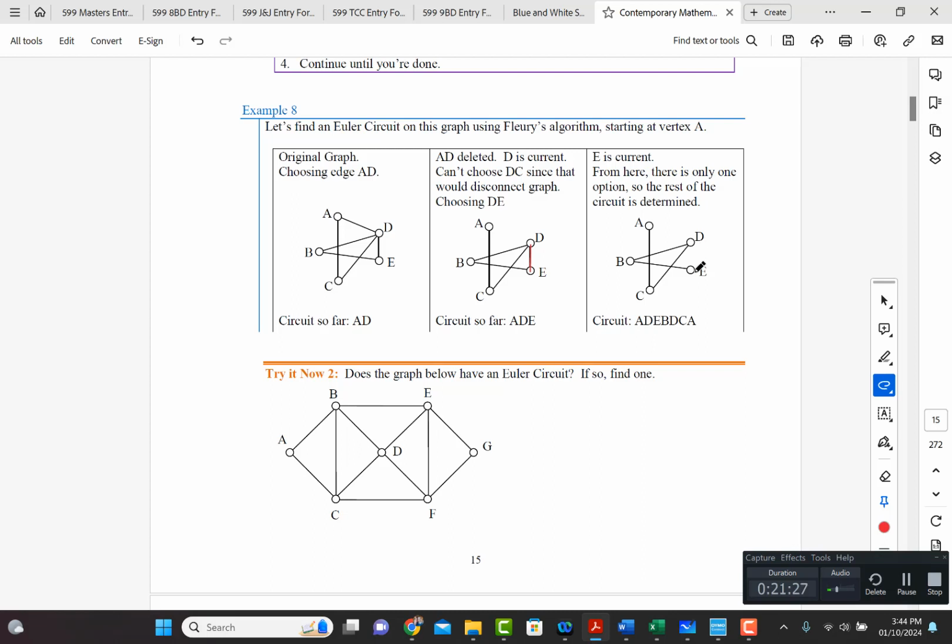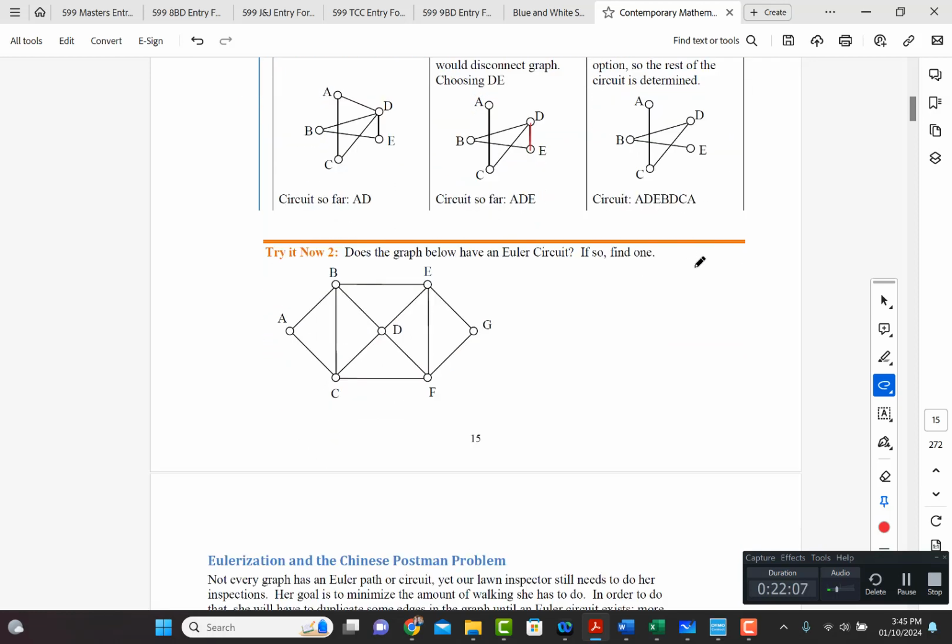And now at this point, we can see what our circuit is going to be because we go ADE, and now we can see that it's going to be BDCA because there's no other paths to go. Okay, because each one of these only has one edge going in and one edge going out. Okay, and that's it. So that's how you find, that's using Fleury's algorithm to find an Euler circuit.